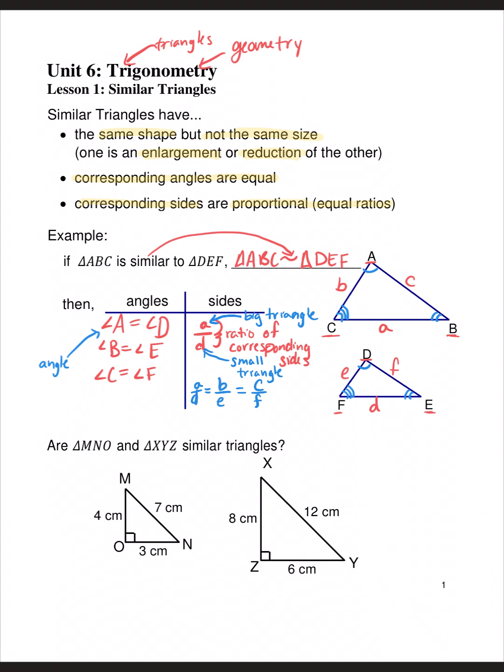We could also write this in terms of its vertices. So sometimes some of us prefer to label a side by its vertices. So if we were looking at side A, we could also say, okay, side A could be represented by CB, right? It could be between those two. So we could say CB over, and then if we look at D, that could be represented by FE.